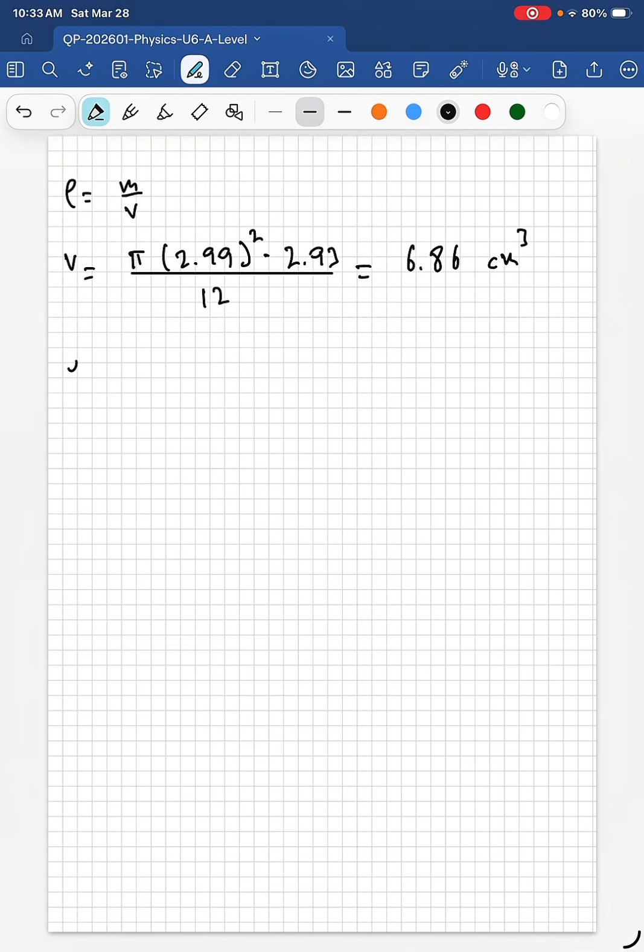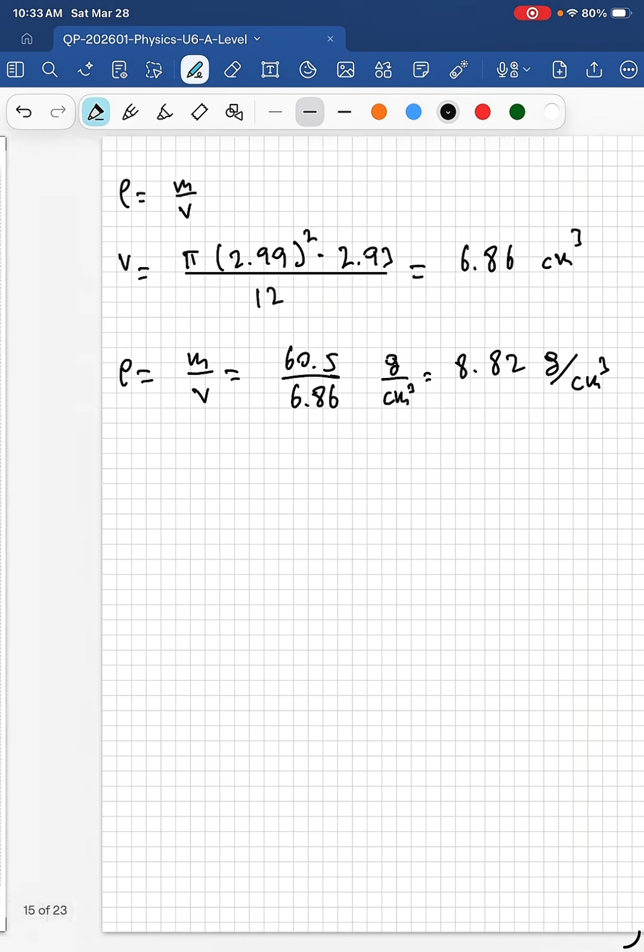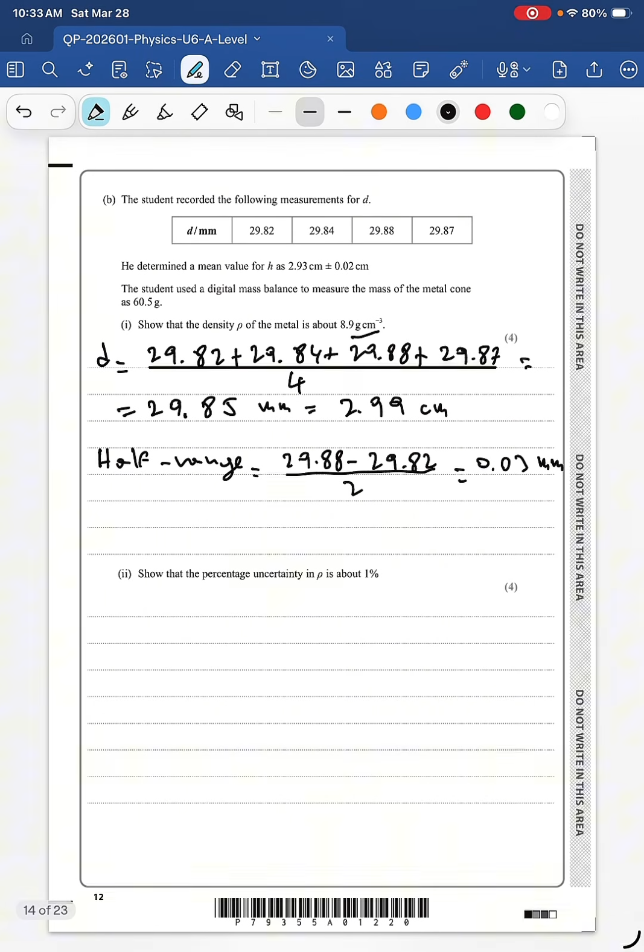Okay, and then rho is m over v, so 60.5 over 6.86, and this is grams per cubic centimeter, and this yields 8.82 grams per cubic centimeter, which is close to what they ask, 8.9, okay?